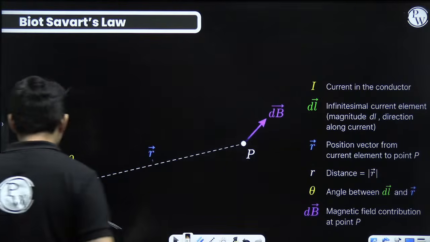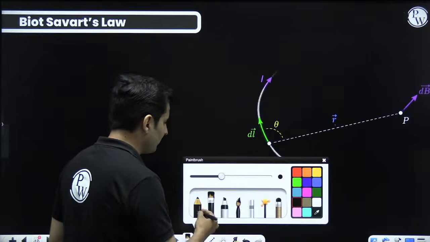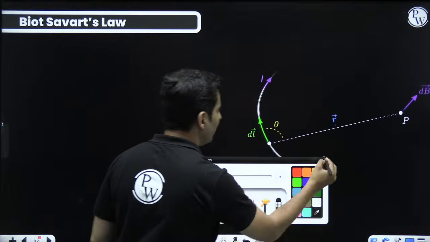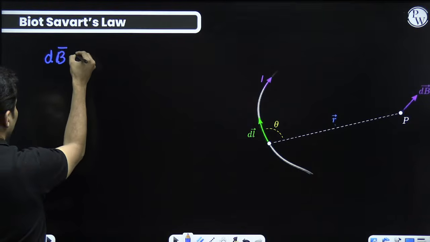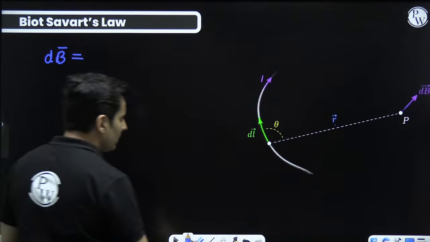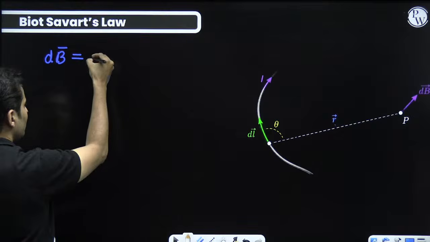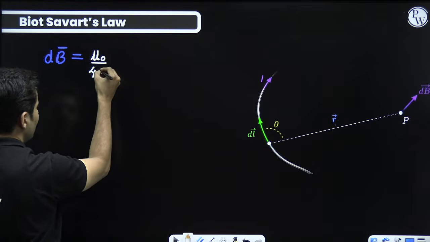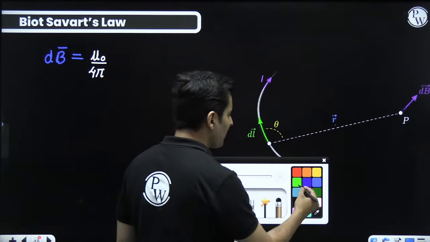So what does Biot-Savart's law come out to be? The magnetic field dB bar comes out to be, there is a constant over here, and that constant is mu naught by 4 pi. We'll see what that constant is in a bit, don't worry about it now.